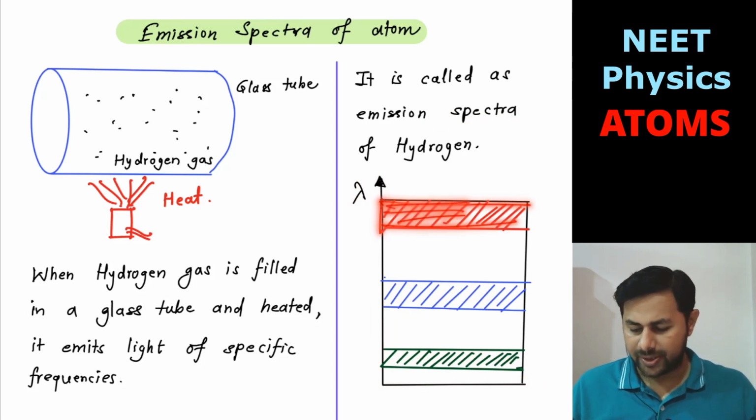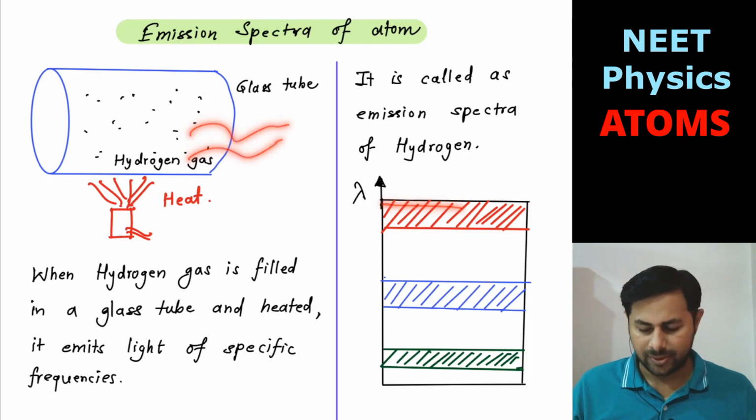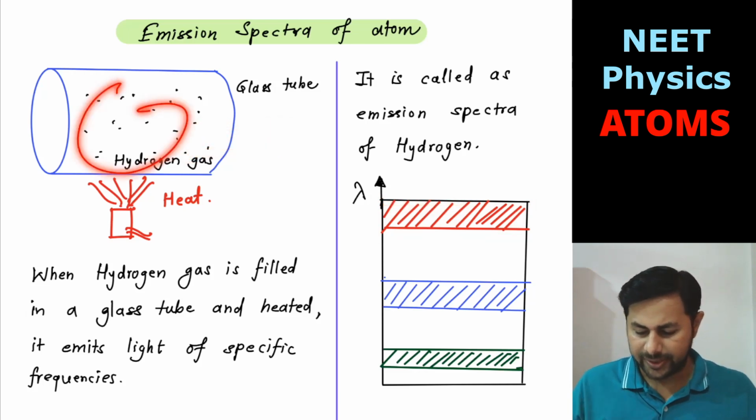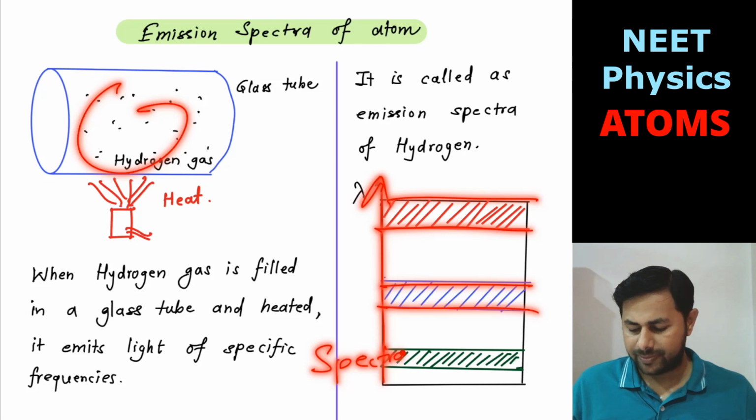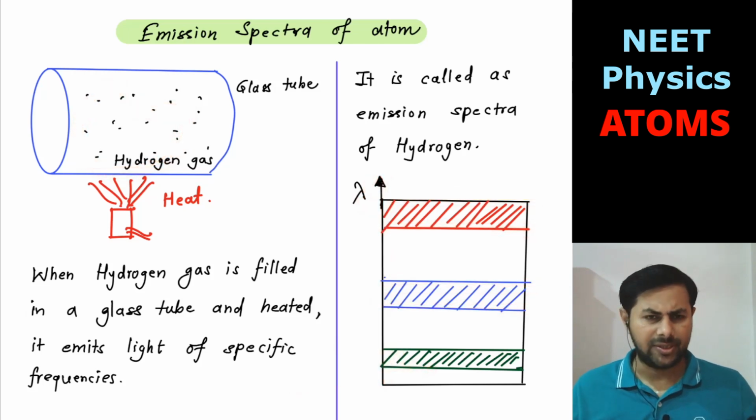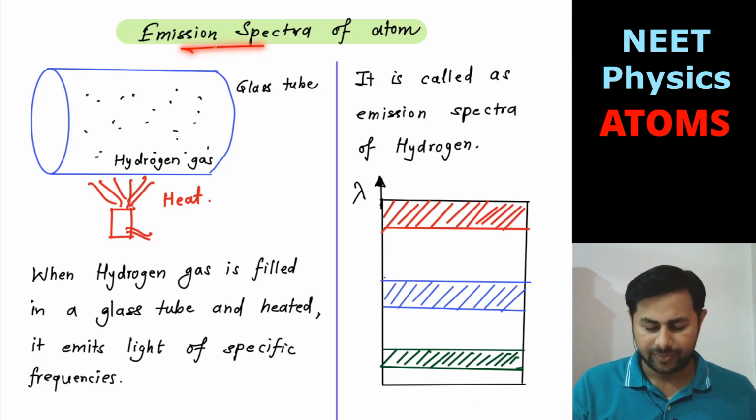Bands means the several ranges of frequencies or wavelengths which are emitted by this atom, or by this gas. So if you plot it against the wavelength, what you get is a spectra. This is called a spectra, right? Spectra means light emitted by excited atoms. Okay, so this thing is clear, and there is no provision to explain the atomic spectra in Rutherford's model.